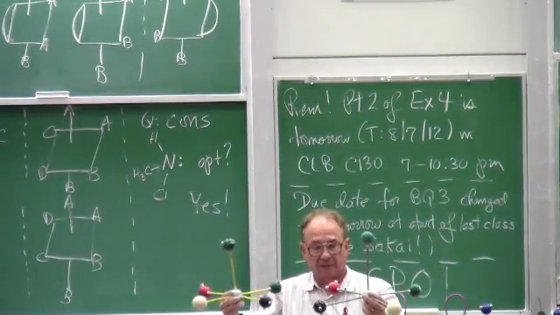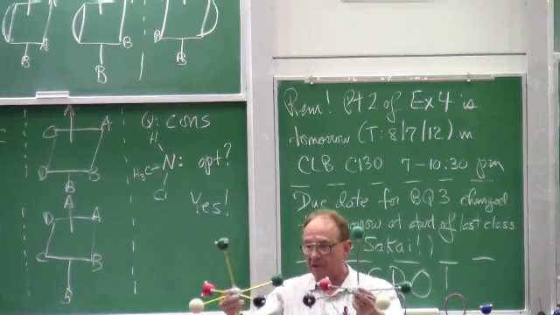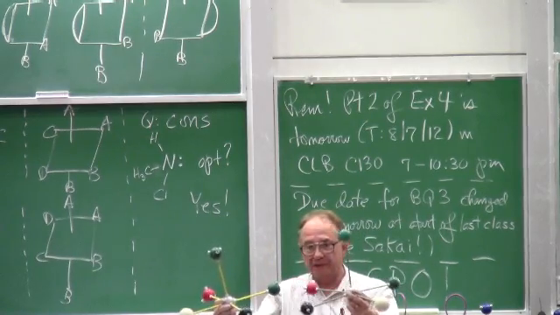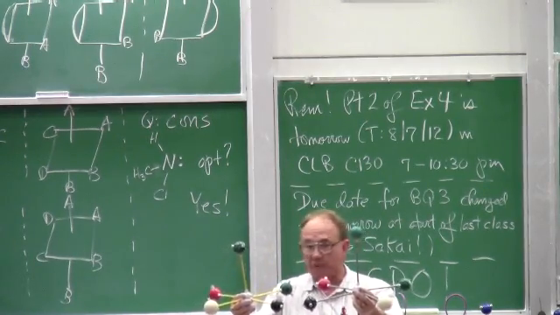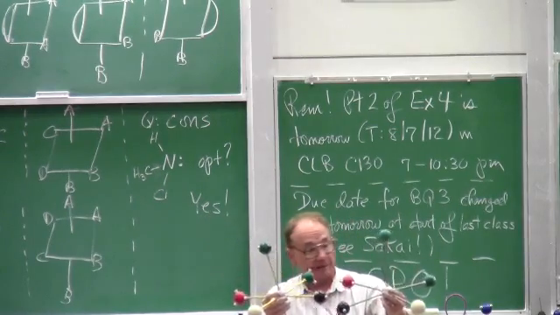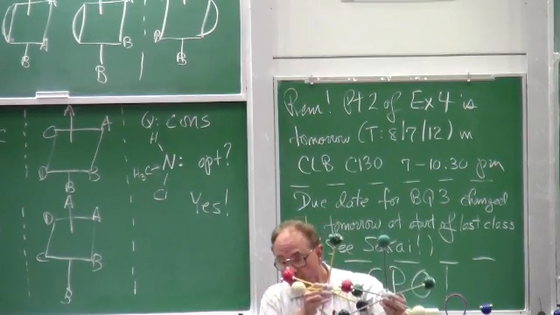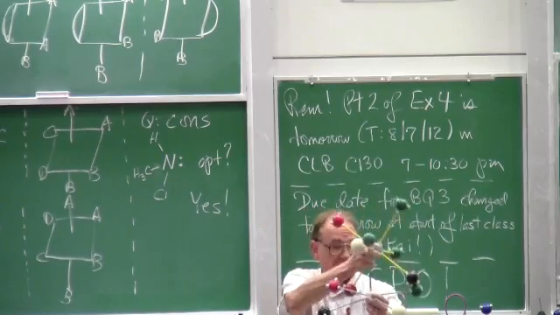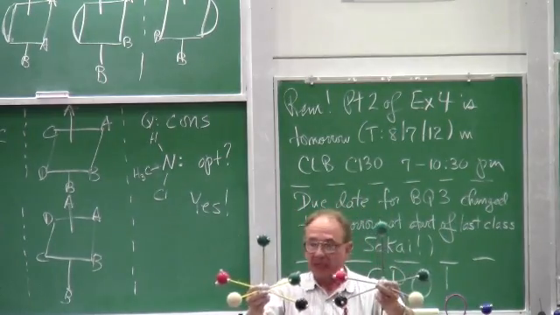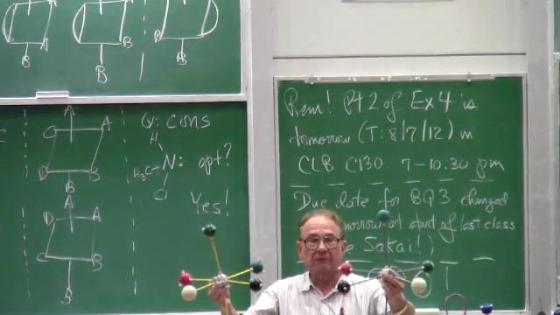If they were, then this would be a green to go with this green. And for this ligand and this ligand, this would be a green to go with this green. But not so.